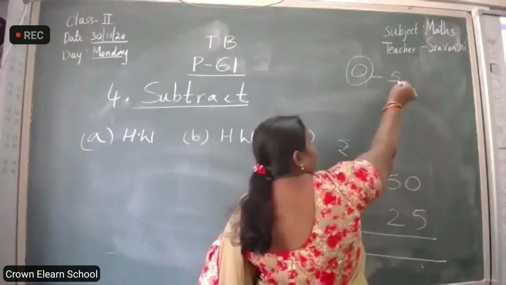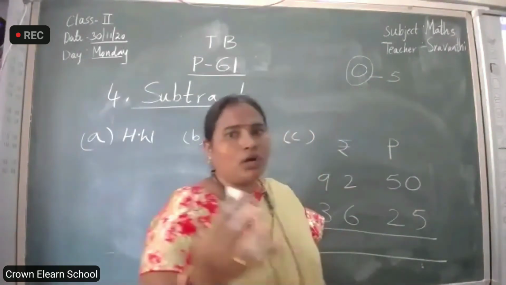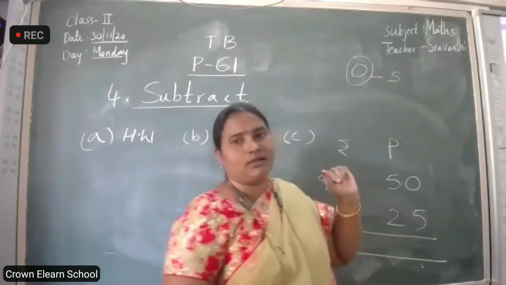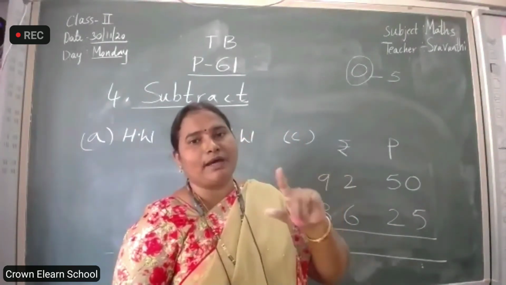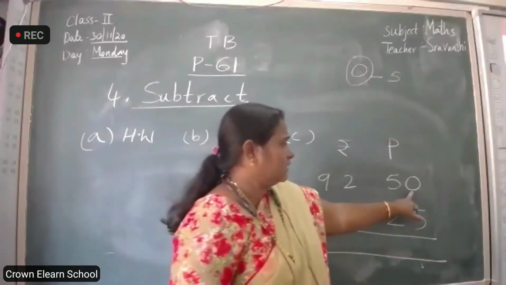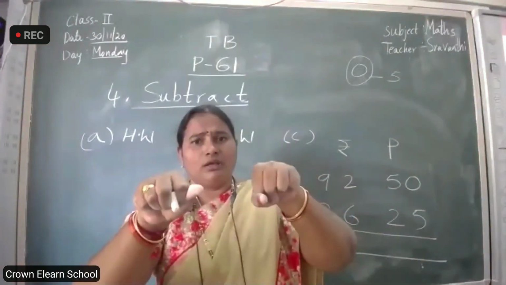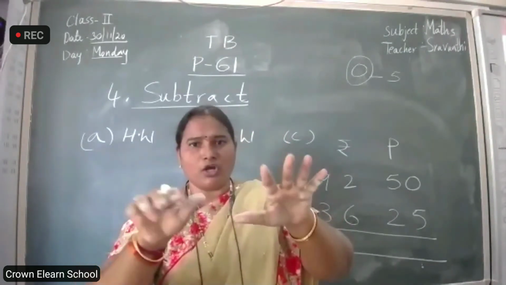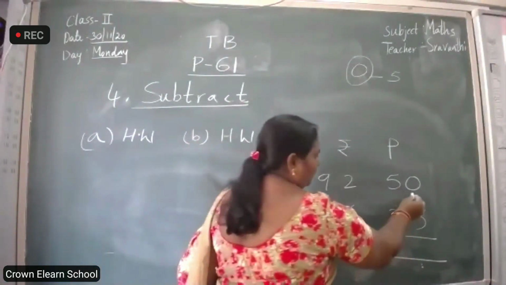Because 0 is smaller than 5. It's a borrowing subtraction. Let us take 0 fingers. Can you subtract 5 from this? No, we cannot. So let us borrow.